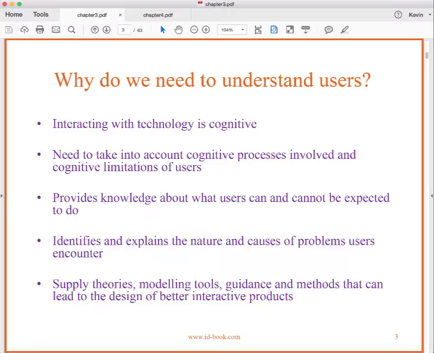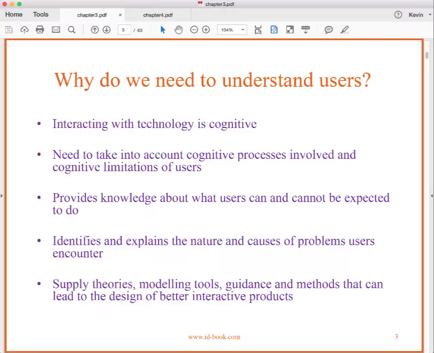We want to be able to identify and explain the nature and causes of problems that users encounter when they're cognitively interacting with our information technology solution. And we want to supply theories, modeling tools, guidance, and methods that can lead to design of better interactive products.